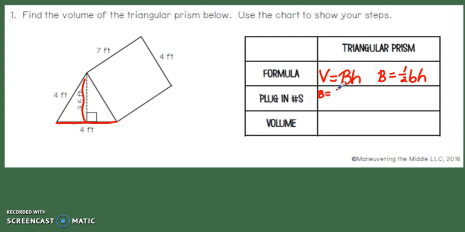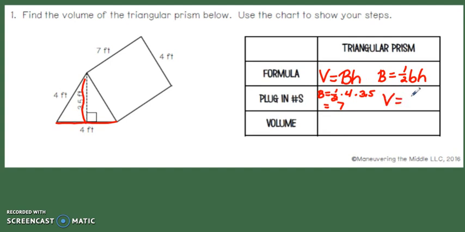B is equal to 1/2 times the base times the height. And that will give us the area of the base, 14 divided by 2 gives us an area of 7. So now we need to find the volume.